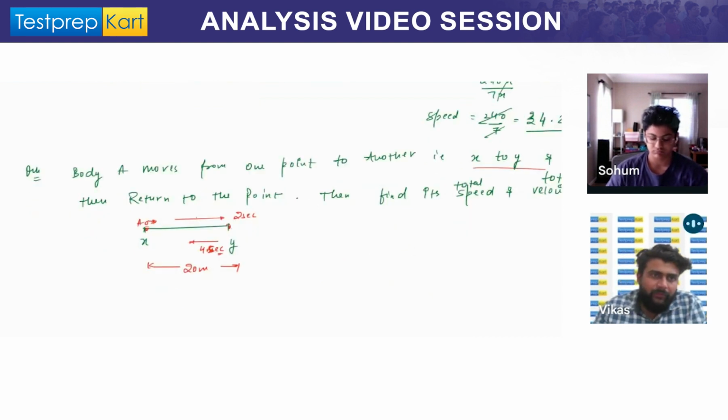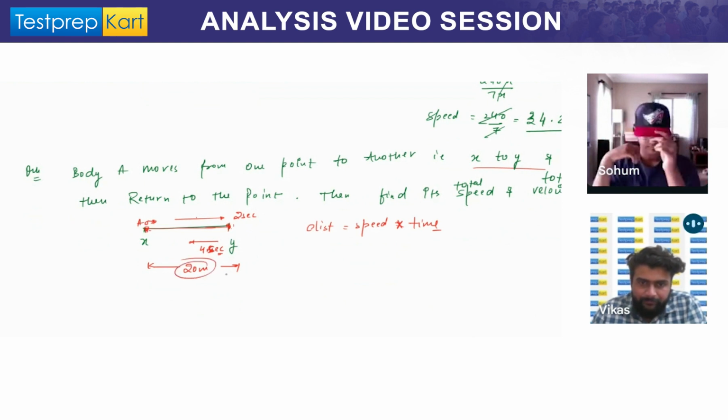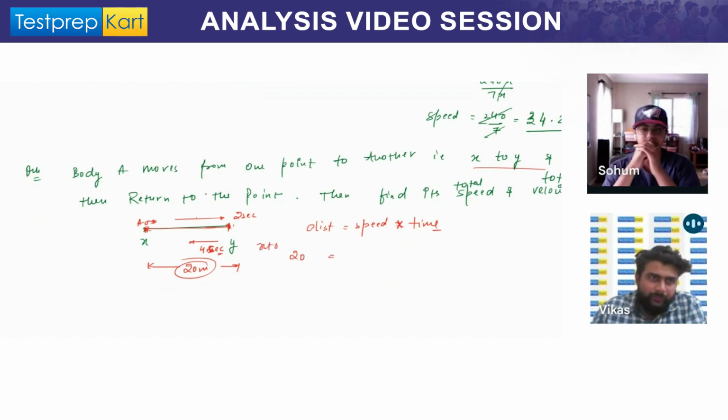As you can see, we have a formula: distance equals speed times time. The distance given to you from x to y is 20 meters.